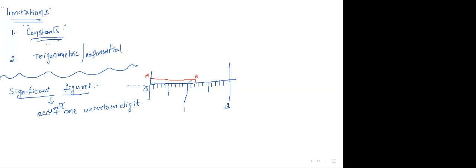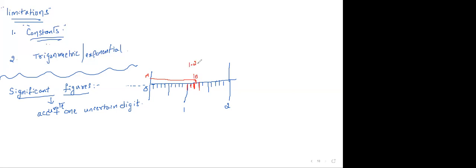This is 1, right? This is 1.1. This is 1.2. This is 1.3. Then what is this? I mean to say that you can't tell exactly the third digit. You can tell up to this accurate.